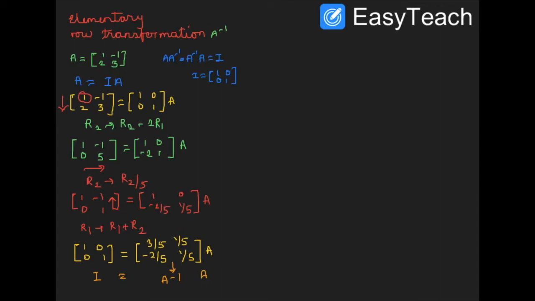Now just to give you a shorter method, you can always identify whether your method is correct or not by a very small kind of trick. If you look at the question over here, I could have found out my answer directly.